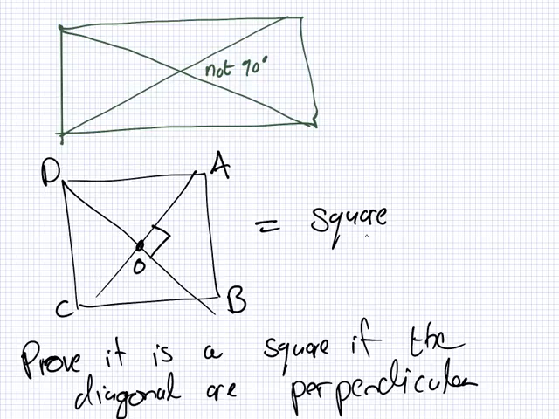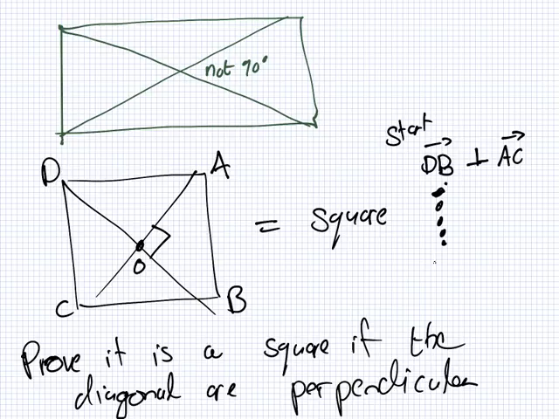DB and AC. Yeah, if you want to prove that DB, for example, is perpendicular to AC, then you start here, you know that DB is perpendicular to AC. From starting there, you need to end up with something that proves you have a square.